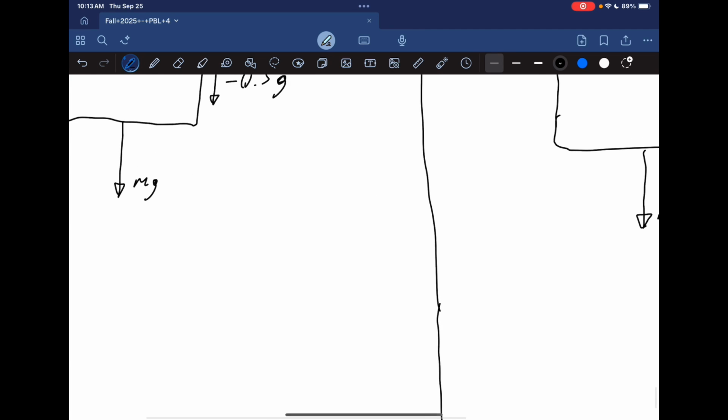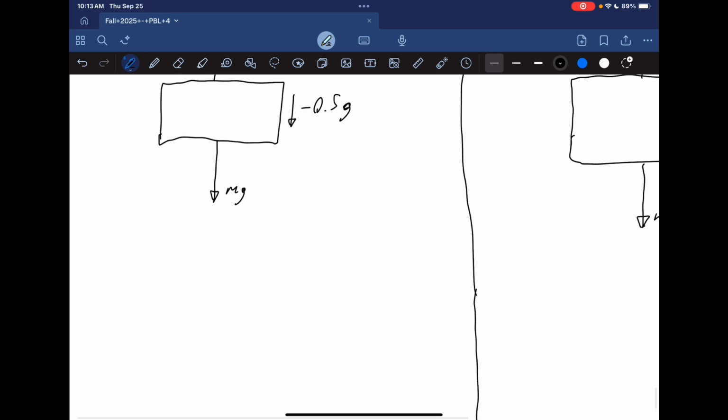So dealing with the crest first, we can solve F net in the y direction is going to equal N minus mg. We'll say that down is negative in this case. And then that will equal our mass times this acceleration. So negative 0.5 mg.